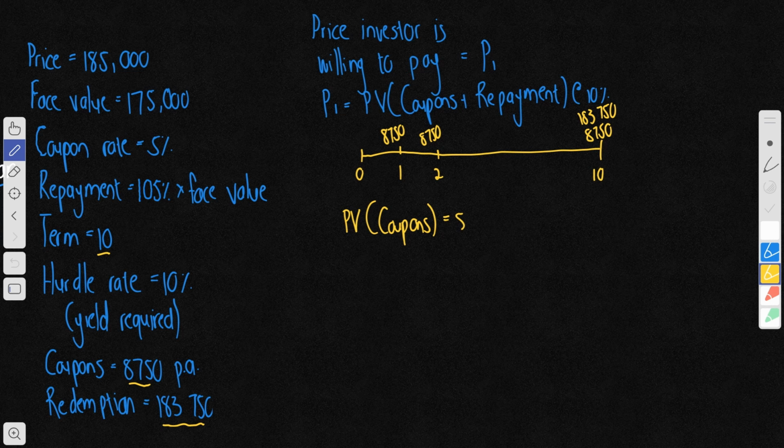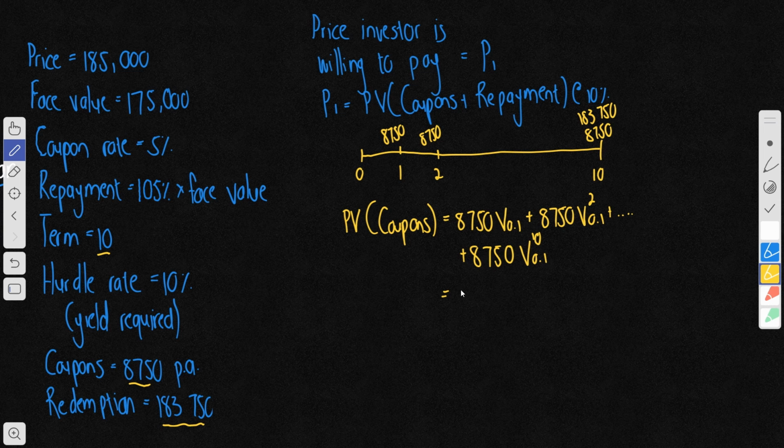We can write this as 8,750 discounted for 1 year. And remember, the yield that we will use in this equation will be the minimum rate of return that our investor needs on these cash flows. The second term will be 8,750 discounted for 2 years at the hurdle rate, plus, and then we have some intermediate terms, and then finally we have 8,750 discounted by 10 years, which is our final coupon payment, again at the hurdle rate.